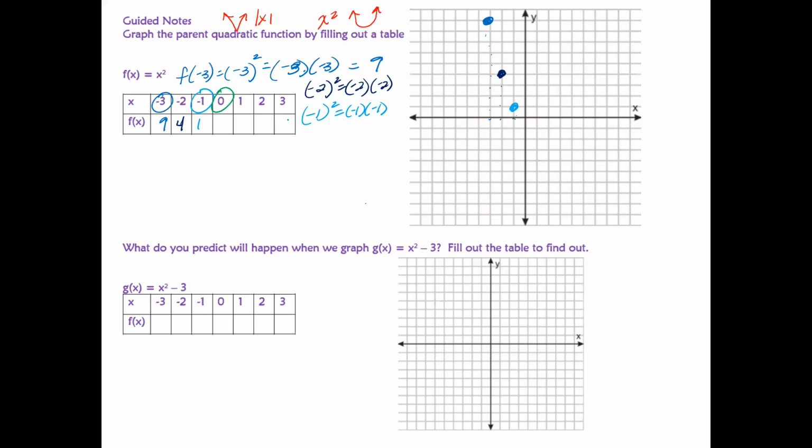Next, when x is 0, 0 times 0 is 0, so it's going to be right here at the origin. And then when x is equal to 1, 1 times 1 is 1, so 1, 1. And then when x is 2, 2 squared is 2 times 2, which is 4. And then I think you can kind of guess that when you have a 3, it's going to be a 9.